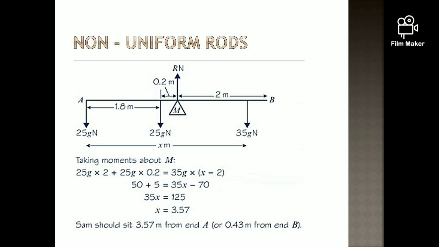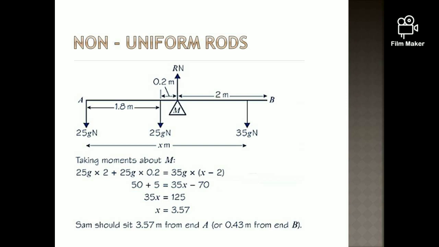Then the weight of person A is 25 G, so you can mark 25 G vertically down from A. And the other person, whose mass is 35, is not sitting at the other corner. Therefore, I will mark the length from A to that point as simply x. That is what we need to find in this question.